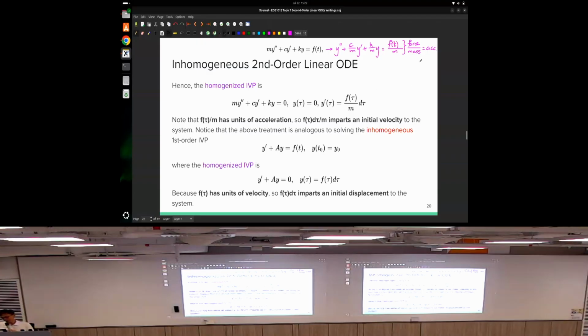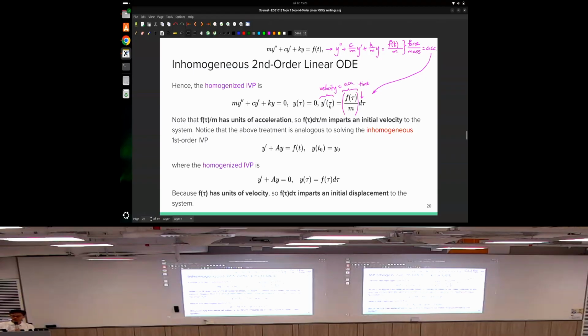Acceleration times time. This is acceleration, d tau is time. Acceleration times time is velocity. Therefore, it makes sense to put the F of tau over m term at the initial velocity.